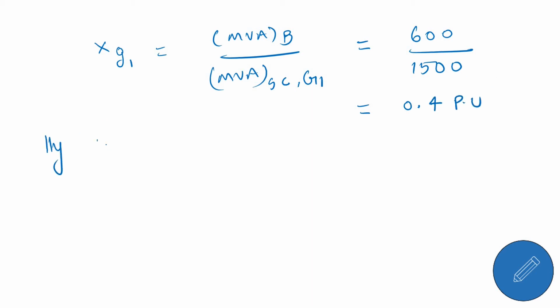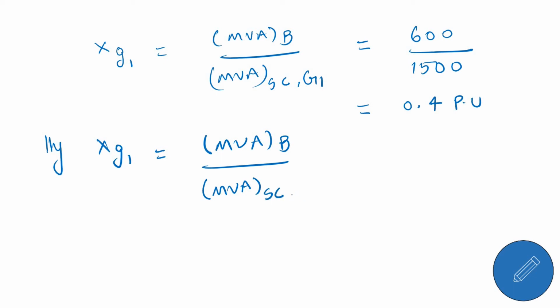Similarly, Xg2 is equal to MVA base by MVA short circuit of generator 2, that is 600 by 1000, which is equal to 0.6 per unit.